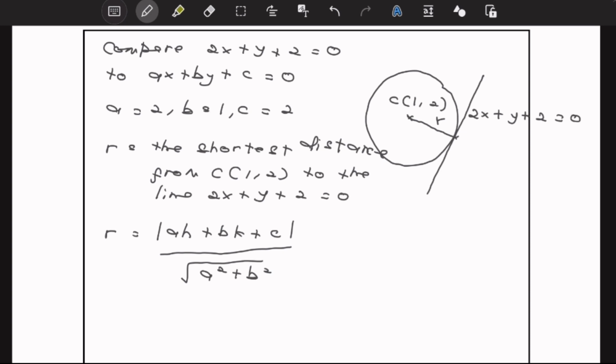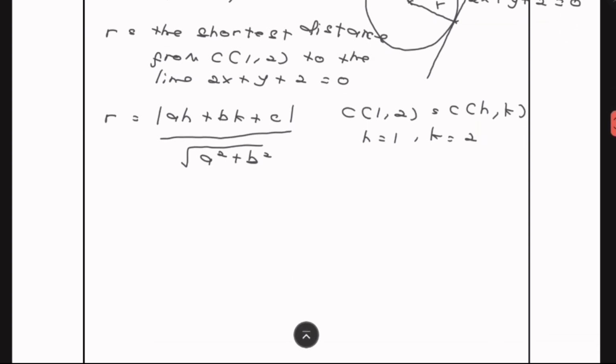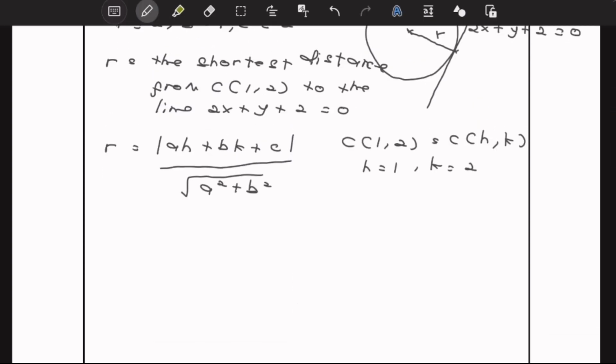We already have the values of A, B and C, but we don't have h and k yet. But h and k, you can get from the value of the center (1, 2). Obviously, h equals 1 and k equals 2. So now, let's substitute the values.